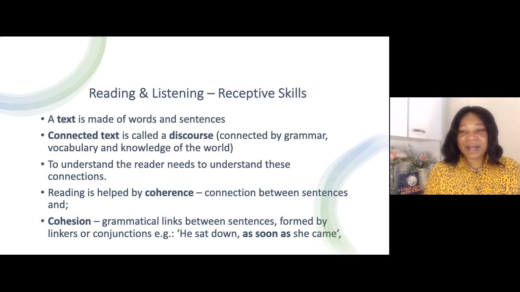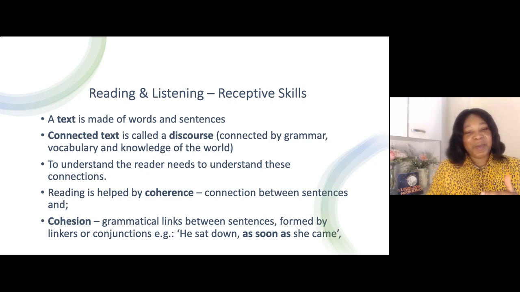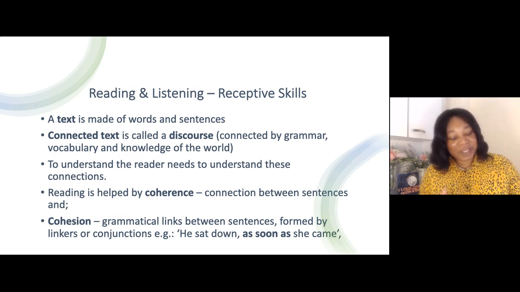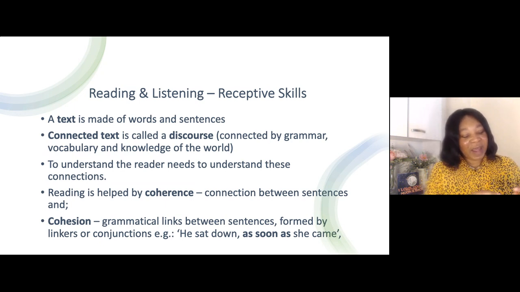So, for a learner to be able to speak correctly, they have to be coherent and they have to use cohesion. Okay, so if I'm speaking, I have to order my speech in such a way that I'm going sequence by sequence. I don't talk about the last thing I did in the morning when I want to describe the first thing I did in the morning.